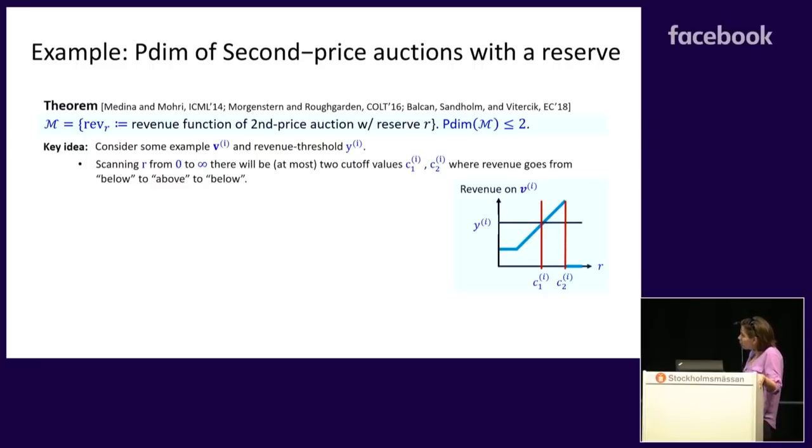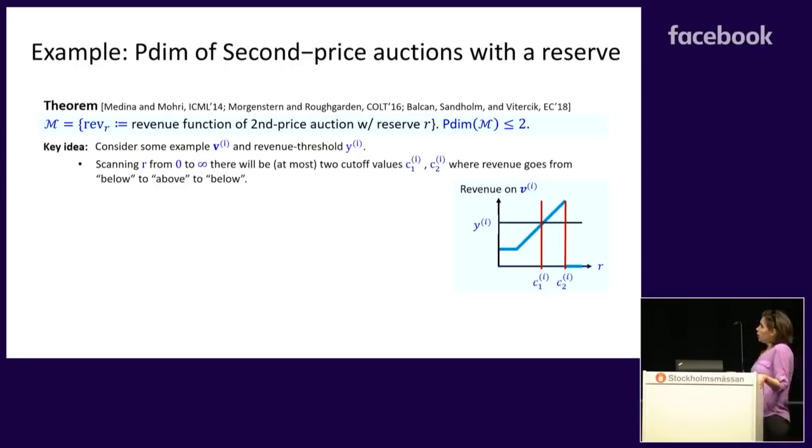What we know from the previous slide is that if I fix the valuation vector vi and then vary the reserve price R, the revenue function is this piecewise linear function with 3 pieces. This is basically the blue curve in my picture here.